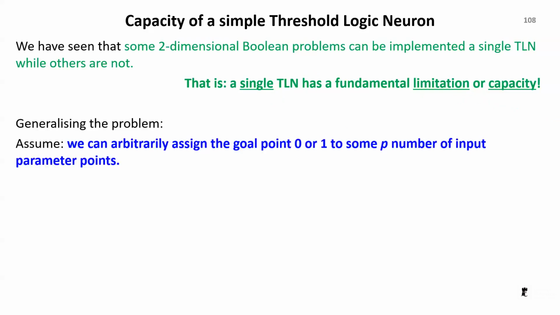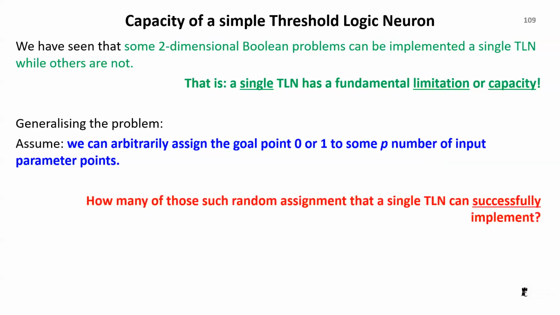So I just want to establish some notation again. I have p number of input points. Remember, for example, I do some observations, right? And how many observations? I have p observations. What we want to find out is how many ways a single neuron can discriminate in all possible combinations.